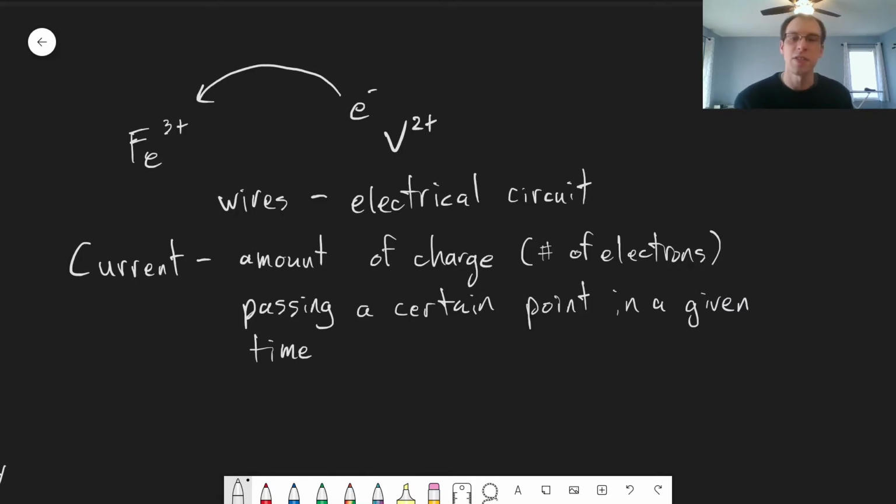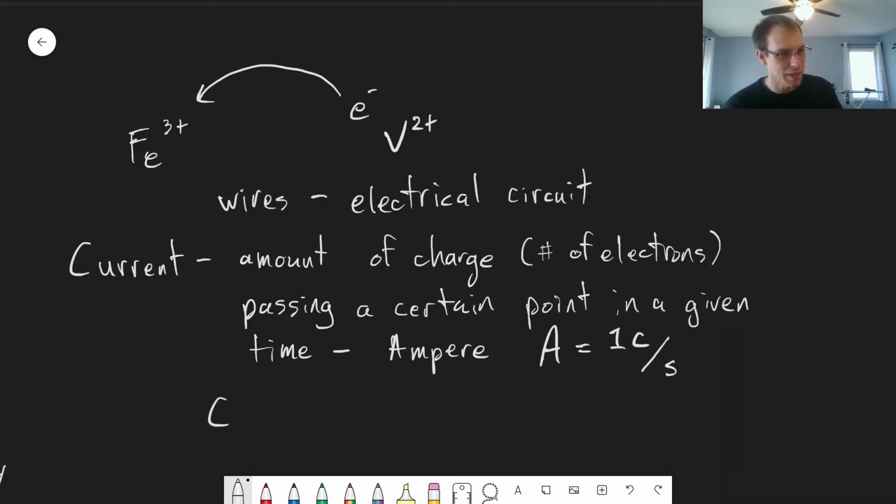So a current is a rate. It's the rate at which electrons are moving through the circuit, how much charge is passing through typically the end of the wire. This is generally measured in amps. Amperes is the unit, and an amp is equal to 1 coulomb per second.